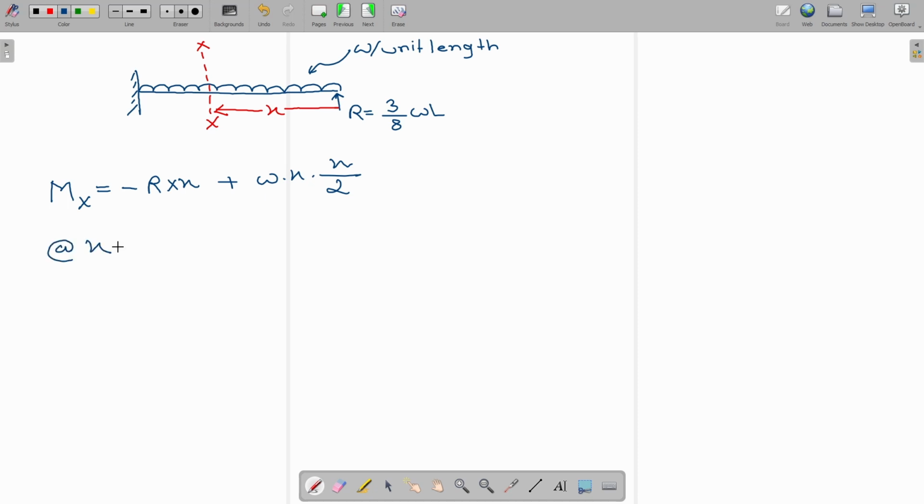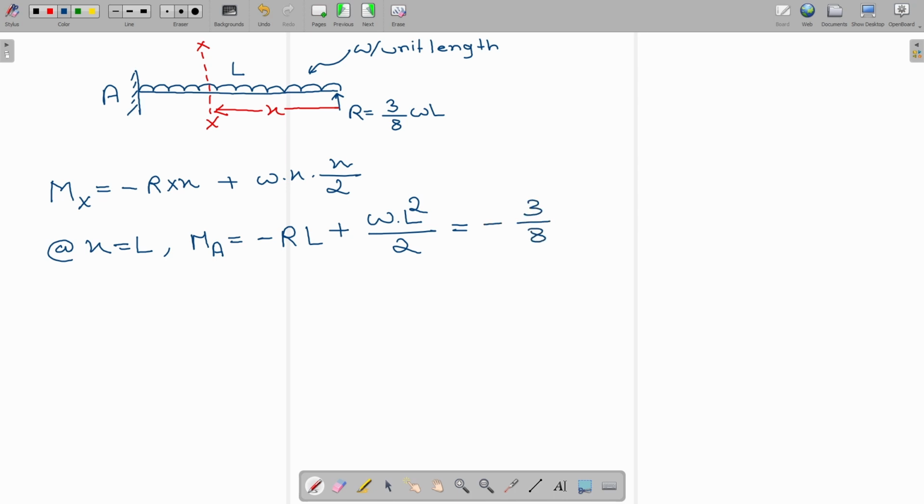At X is equal to L, that is, when the entire length of the beam is considered, this section XX will align with fixed end A. So I can write that at X equal to L, moment at A will be minus RL plus W into L square by 2. So we are just going to solve it.